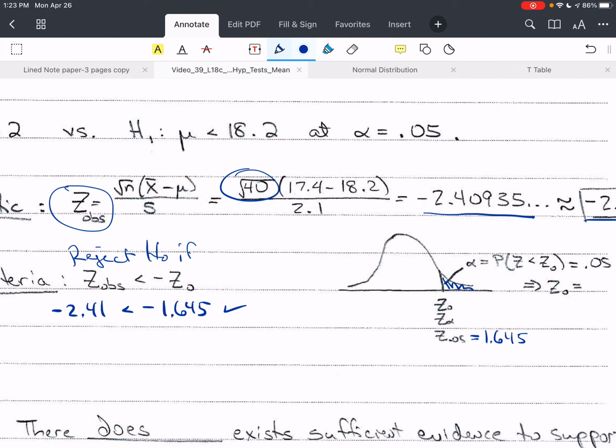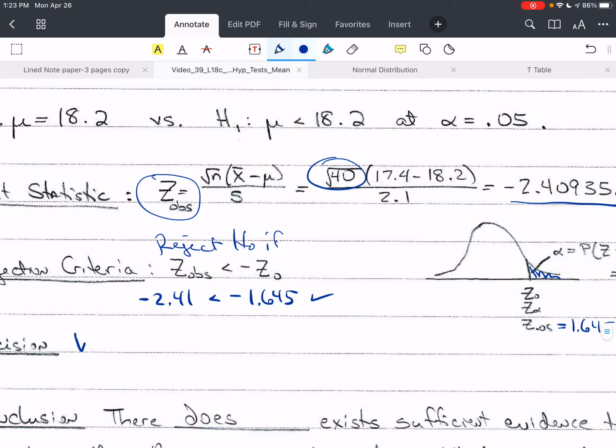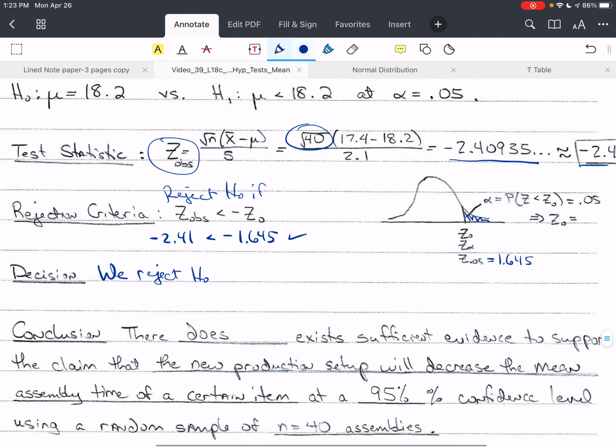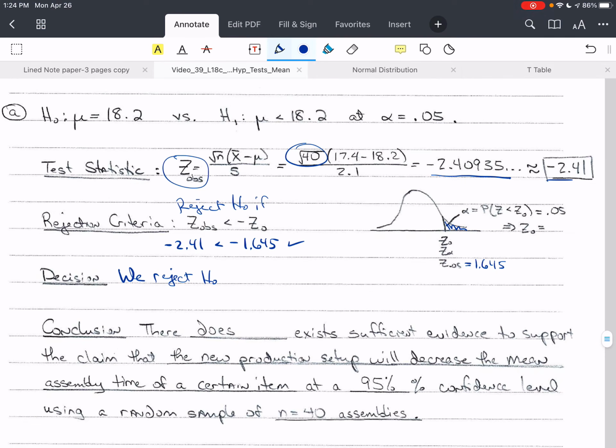Since it's true, we do reject H naught. There does exist sufficient evidence to support the claim that the new production setup will decrease the mean assembly time of a certain item at a 95% confidence level using a random sample of n equals 40 assemblies.